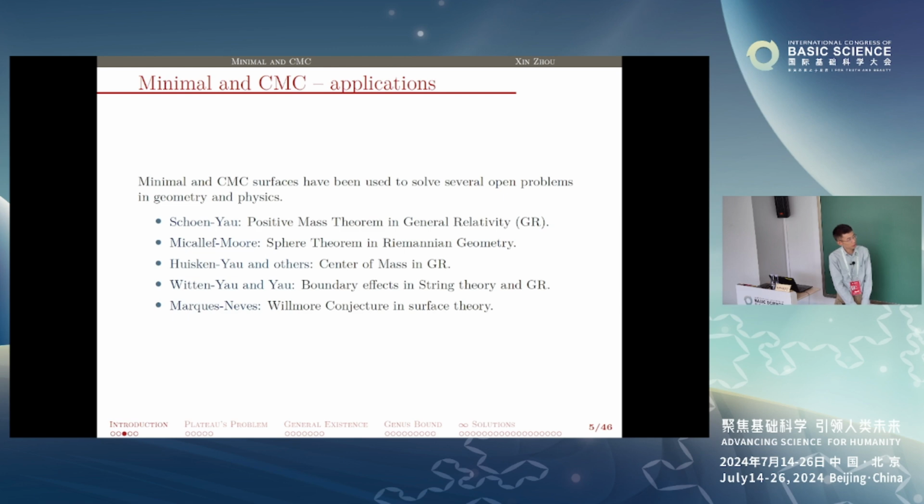And the study of center of mass in GR was initiated by Huisken and Yau and then by others using formulations by CMC surfaces. And the work of Witten and Yau on the boundary effect in string theory and GR also used CMC surfaces. And recently, the resolution of the Willmore conjecture in surface theory by Marques and Neves used minimal surfaces. So these are important tools in addition to their natural appearance in both mathematics and physics.